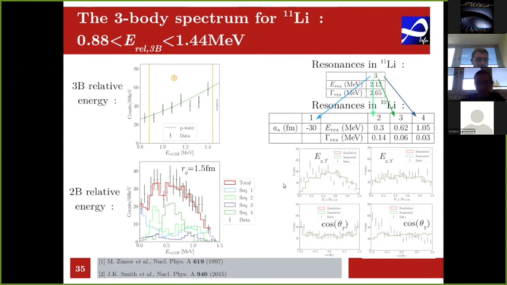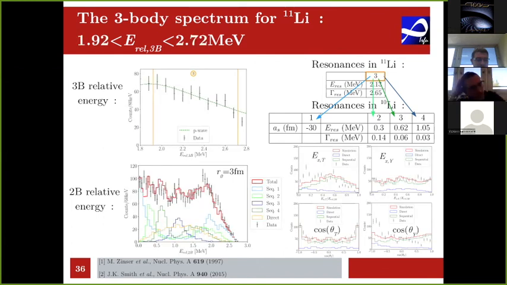Finally, the higher energy gate, which is from 2 MeV to almost 3 MeV. And here it's the high energy tail of this resonance state in lithium-11 that decays directly and sequentially towards the same resonance state as before in lithium-10.